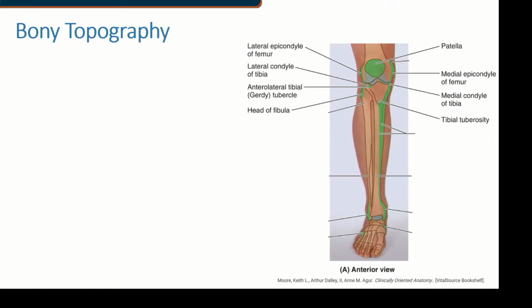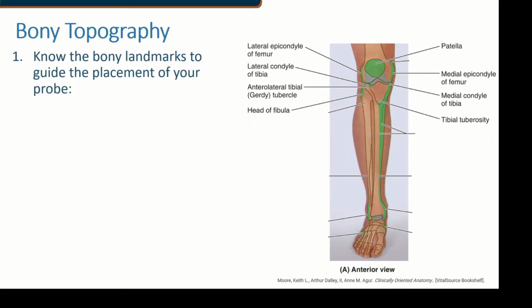So let's take a look at bone topography here. When we look at the leg, one of the first things you'll notice, even if you're looking at your own leg, is you'll have some bony protuberances on either side of your patella. And if you put your hand across there, you're going to feel them, and those are the femoral condyles, your medial and lateral femoral condyles.